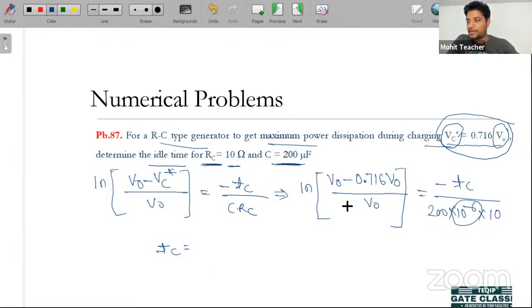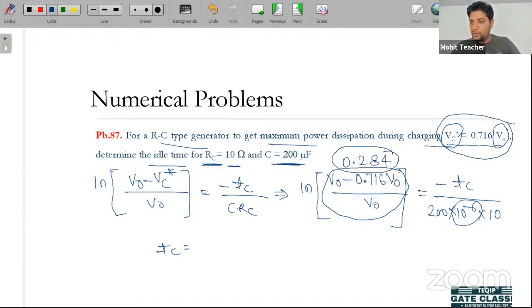Okay, so what I am getting is, but this will not be minus, Somranjan. I was thinking whether there was a plus or minus, because of the value that you are getting here. This value is less than 1, because 1 minus 0.716 is 0.284.